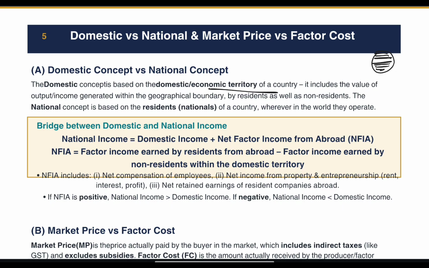The national concept is based on residents of a country wherever in the world they operate. So the basic thing to distinguish between the domestic and national concept is, in domestic you will not go beyond the boundary of any country, while in the national concept you will consider the whole world, wherever the residents of a country have earned.